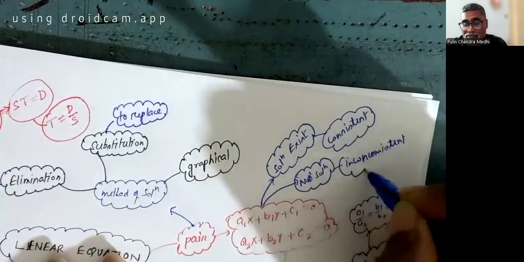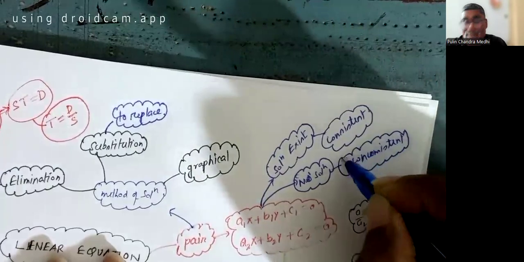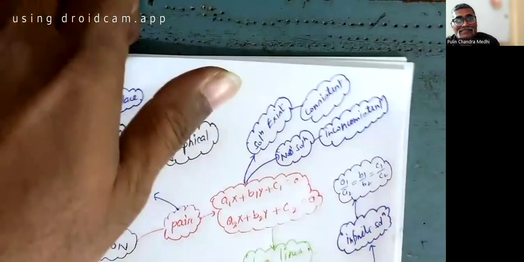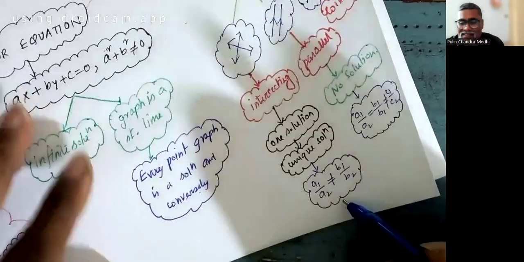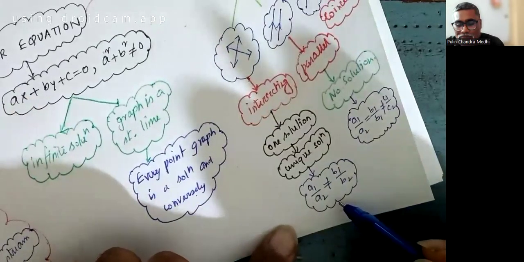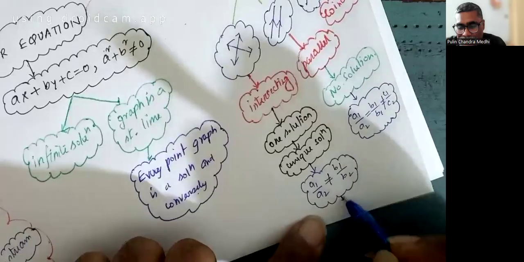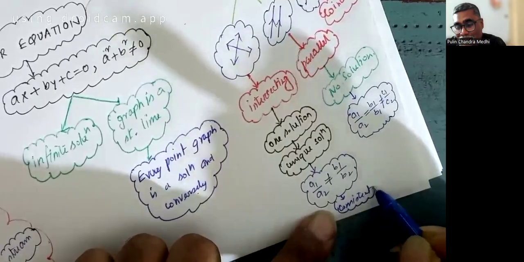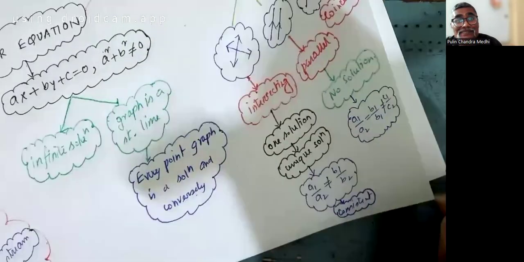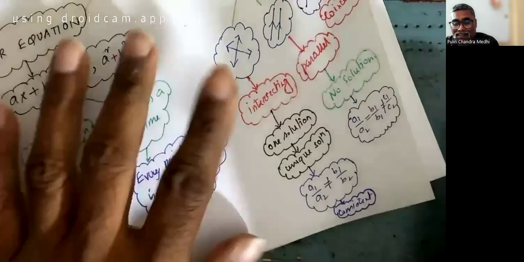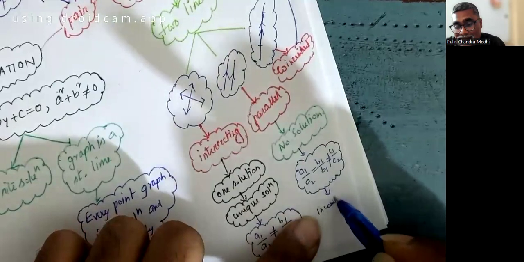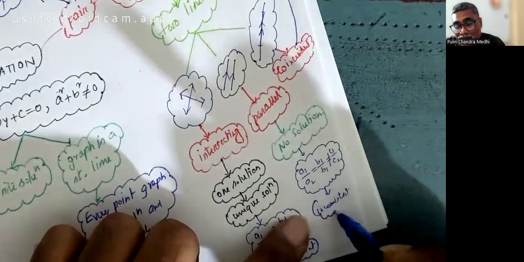Now you see, you have the ability to connect this inconsistent and consistent to the given algebraic conditions. Let us go back. We'll find here, is this the condition of consistency? Yes, because we have one solution. So it is consistent. That means if a pair of intersecting lines is drawn, they represent a consistent system of equations. If I'm talking about parallel, is it consistent? It is not consistent. Why is it not consistent?